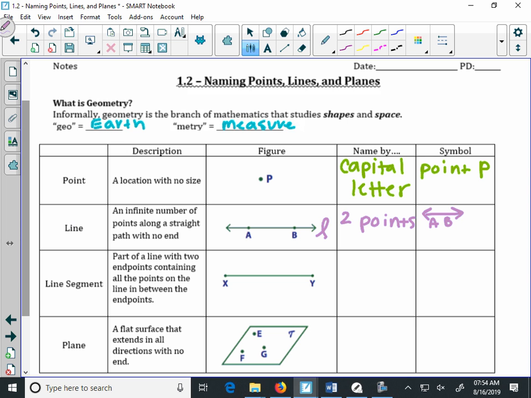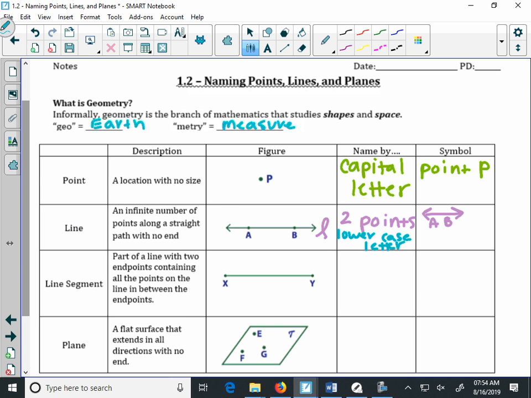You can also name a line by its lowercase letter. Okay, so that's another way. I wrote my 2 points too big. But we can also name it by the lowercase letter. Okay.